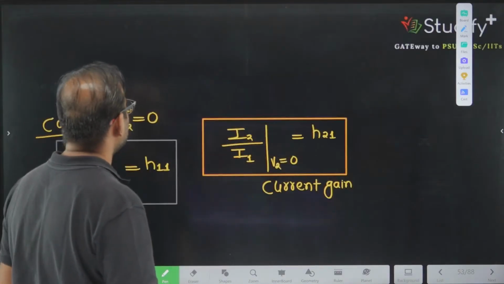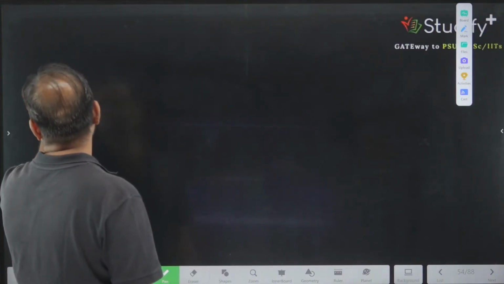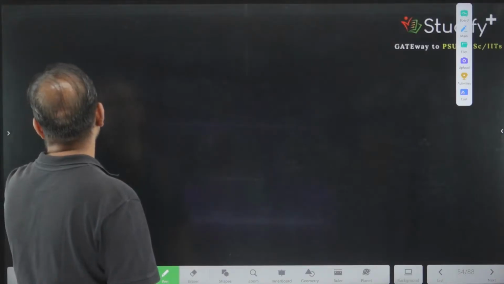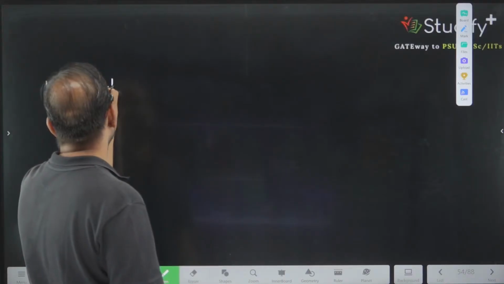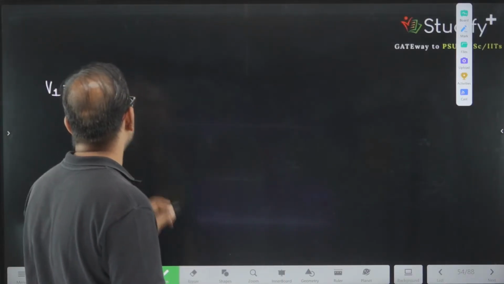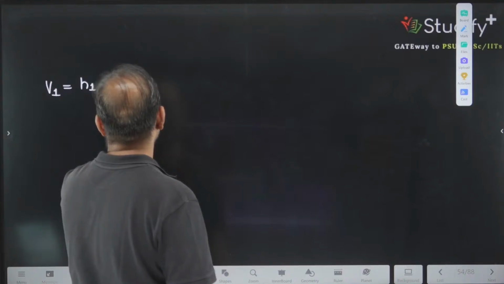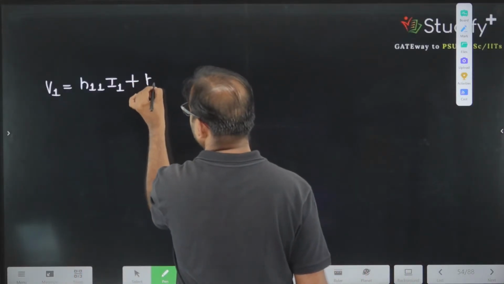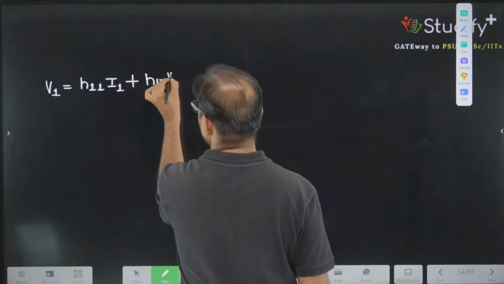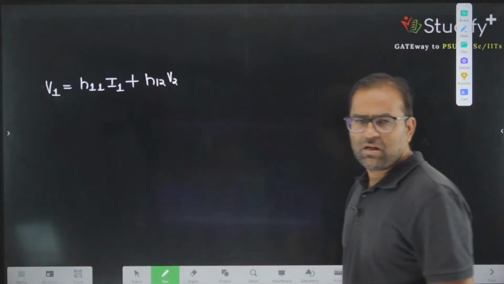From the H parameter, V1 is equivalent to H11 I1 plus H12 V2. Correct?